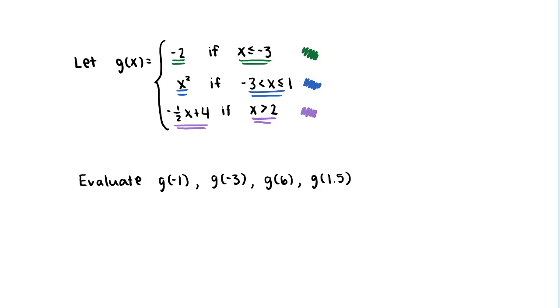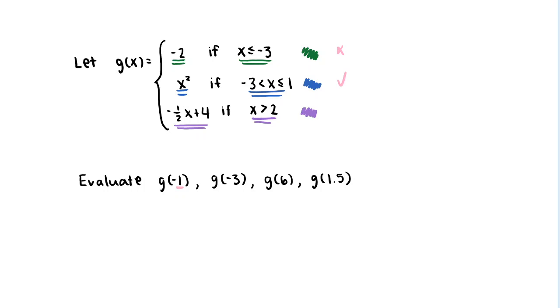So this first one says g of negative 1. How do we determine this? Well, here we're looking at an input of negative 1, and we determine what rule to apply by looking at where that input of negative 1 falls. Negative 1 is not less than negative 3, so we're not going to use this function. Is it between negative 3 and positive 1? Well, it is, so I'm going to use this function.